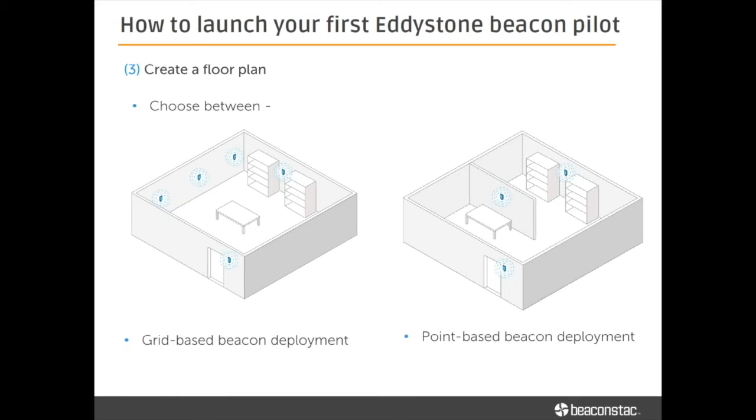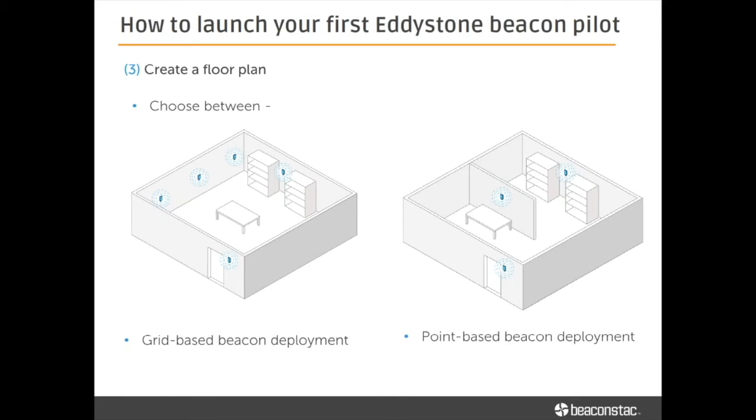If you want to engage with them at certain specific locations alone, you might want to go ahead with the point-based beacon deployment. On the other hand, if you want to engage with your customers based on his or her exact location, for use cases like navigation, then you might want to go ahead with the grid-based beacon deployment, which obviously involves a lot more beacons spread across the same deployment space.